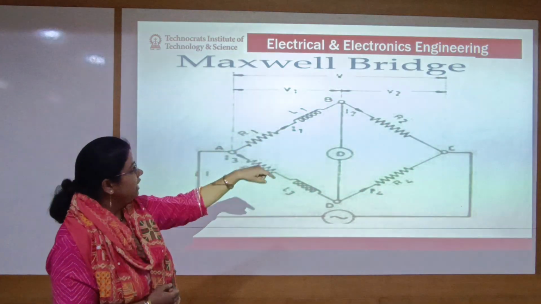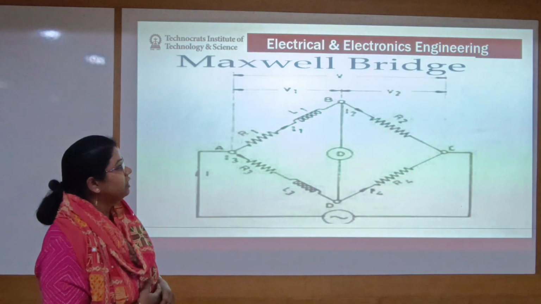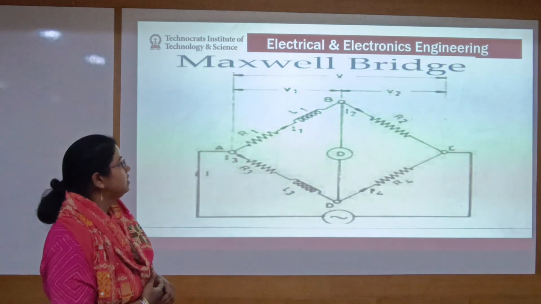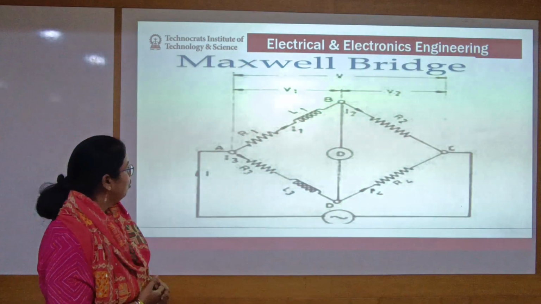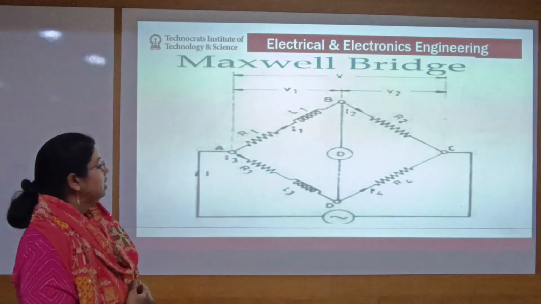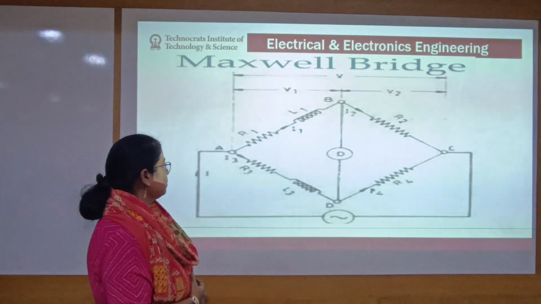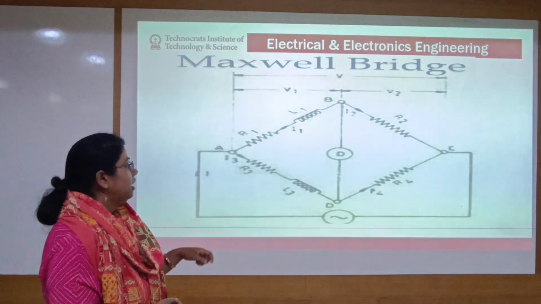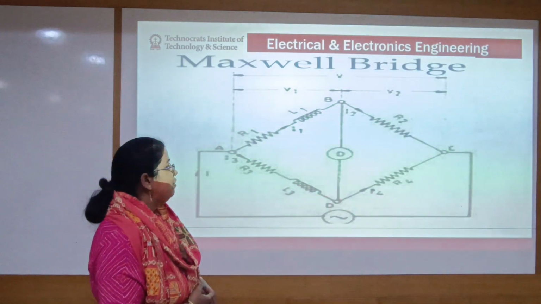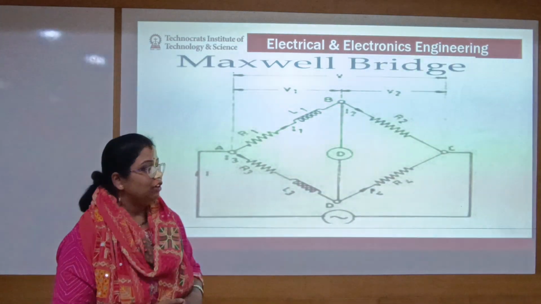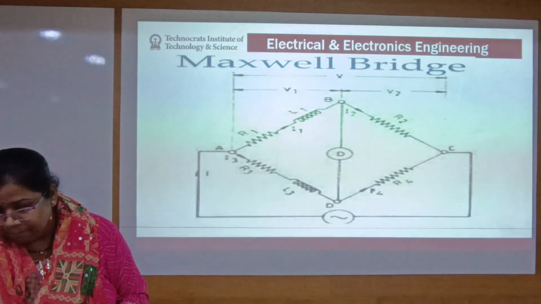In arm BC we connect a known resistance R2. In the third arm we connect a known resistance R3 and known inductance L3. In arm DC we connect a known resistance R4.